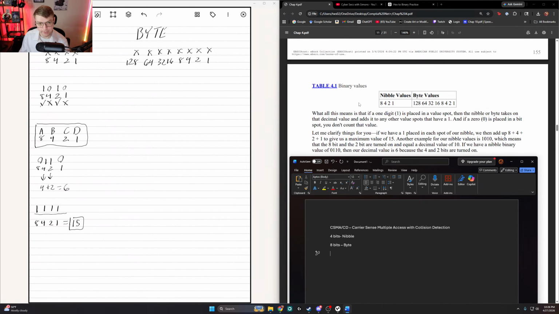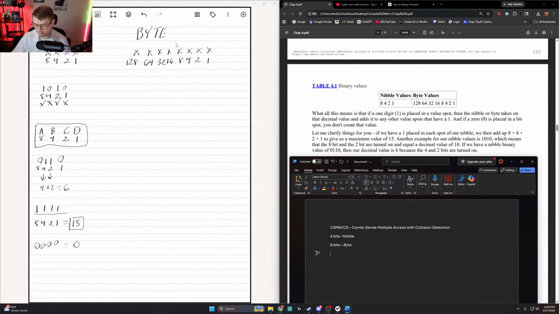And then if everything's turned off, 0, 0, 0, 0, that equals 0. So that's what he's talking about there. That's how we convert binary into a decimal. Now with a byte, we're just adding more values.